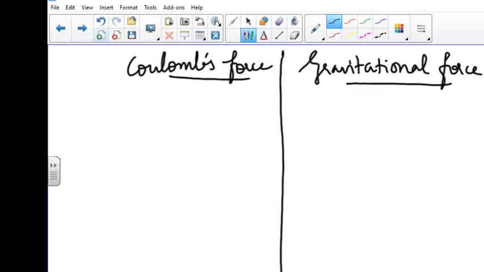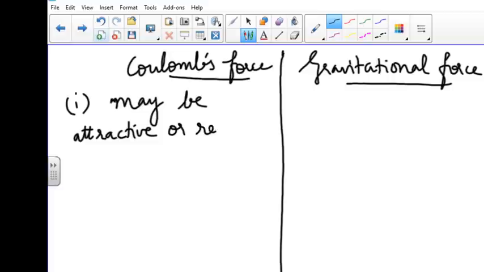The first one is the Coulombic force between two charges can be attractive or repulsive depending on the nature of the charges.